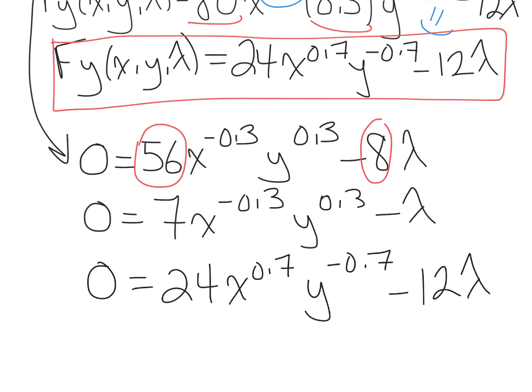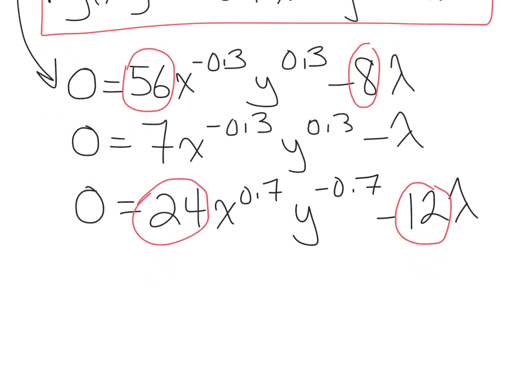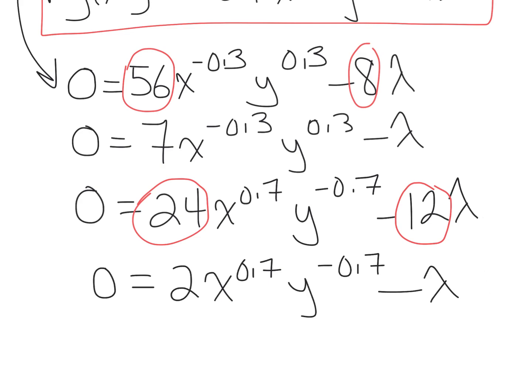And again, because I'm trying to get lambda kind of by itself, I notice that 24 is a multiple of 12. Yeah, so I can divide by 12. Yes, let's do that. 0 is equal to 2x to the 0.7, y to the negative 0.7 minus lambda.